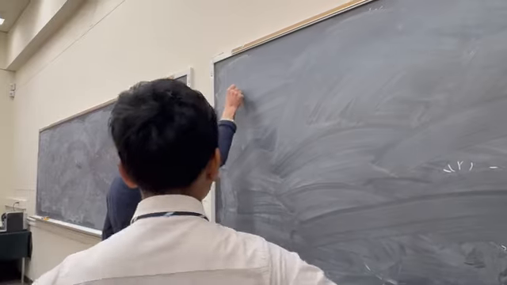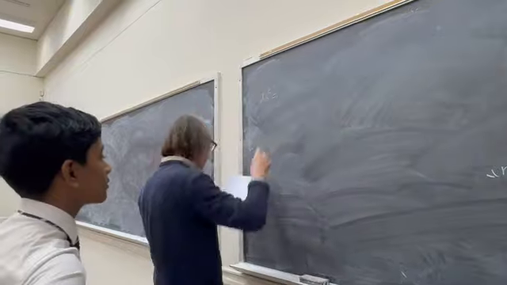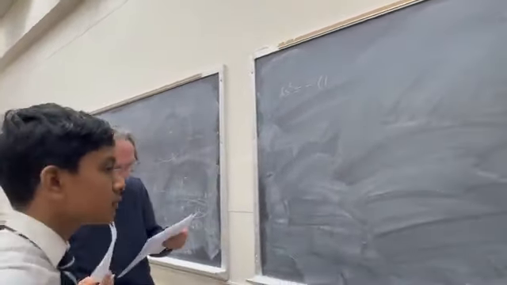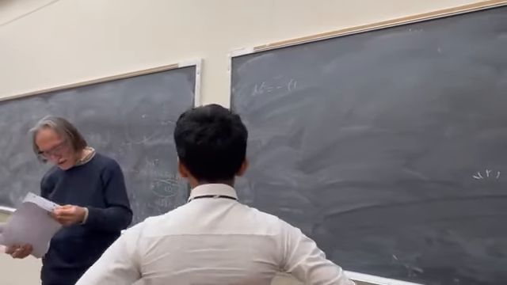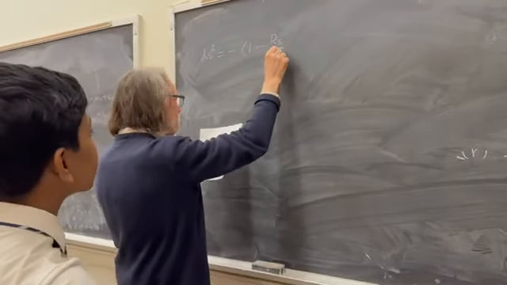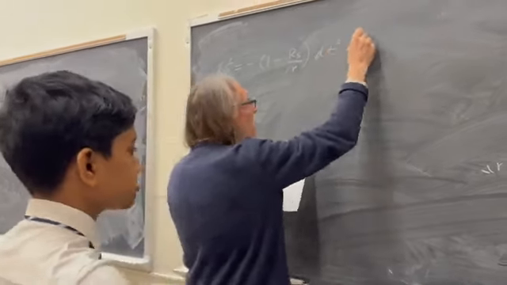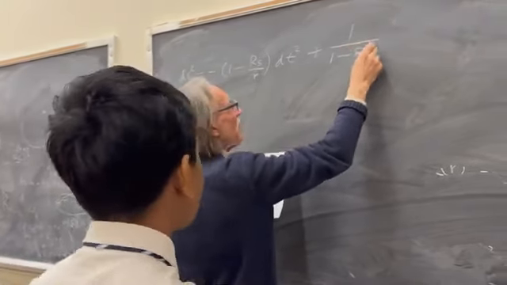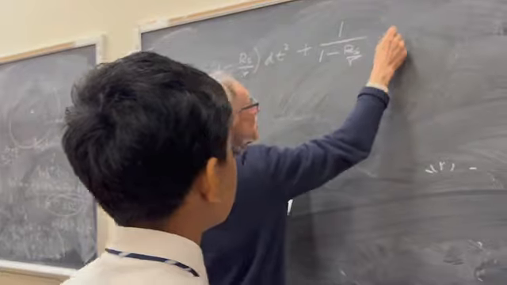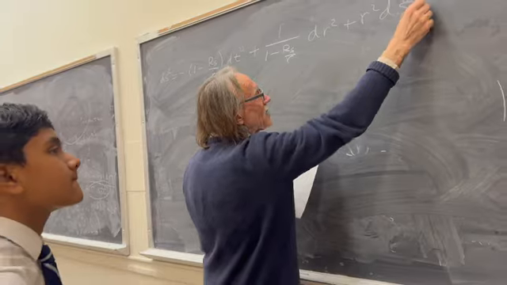And that is ds squared is minus 1 minus the Schwarzschild radius divided by r, dt squared, plus 1 divided by 1 minus rs over r times dr squared, plus r squared d omega squared.